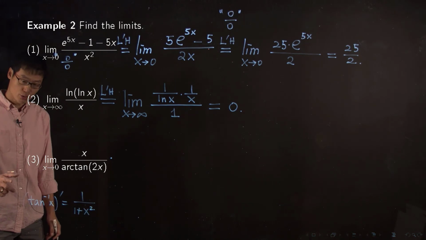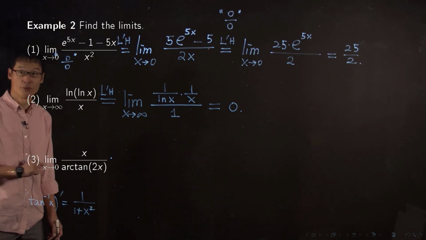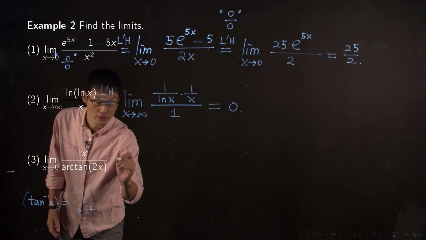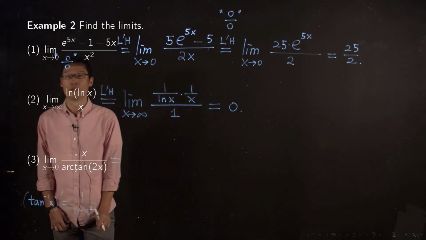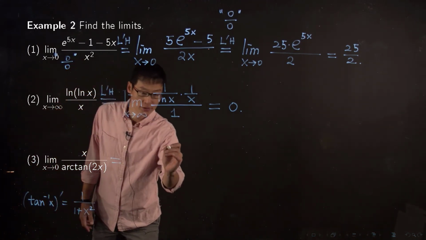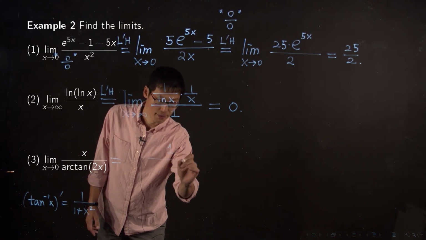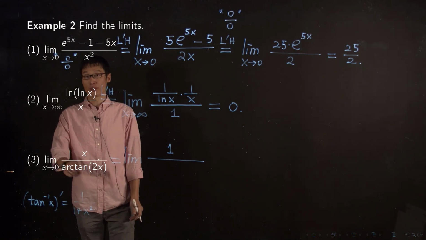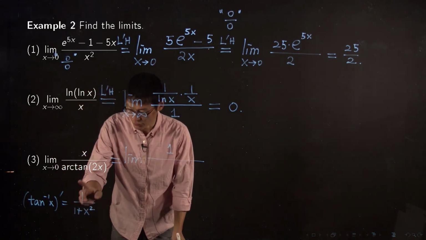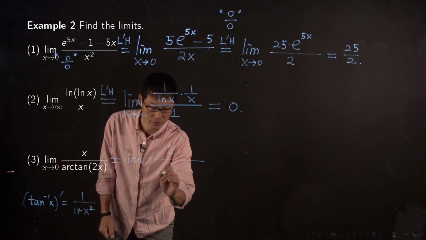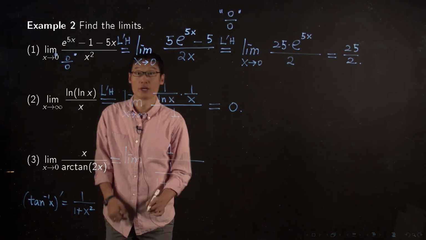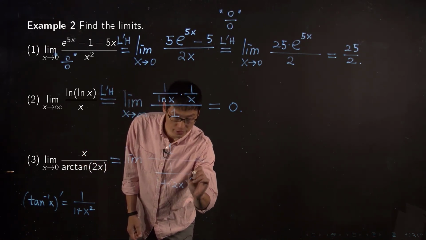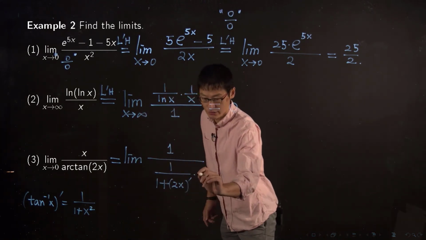When you plug in 0, we have 0 over 0 form again. This is an indeterminate form, so you apply L'Hopital's rule. The numerator is quite simple because it's just 1. For the denominator, you apply this formula: 1 over 1 plus the square of the inside function, and then the derivative of the inside function.